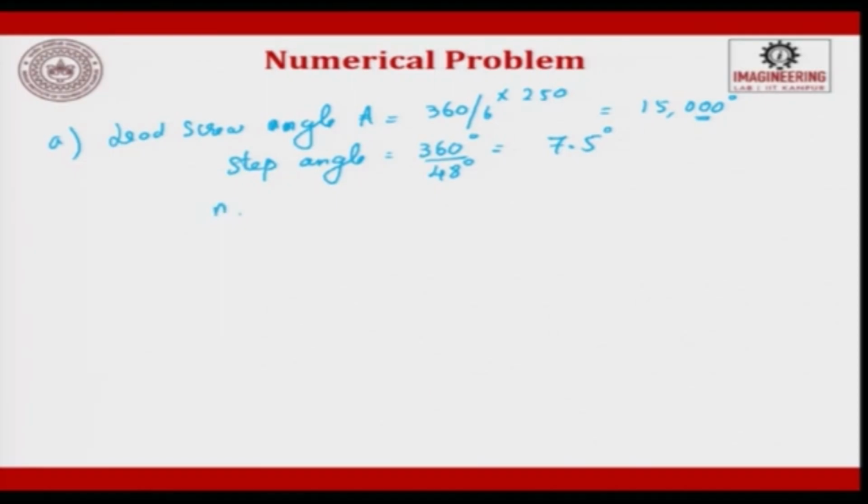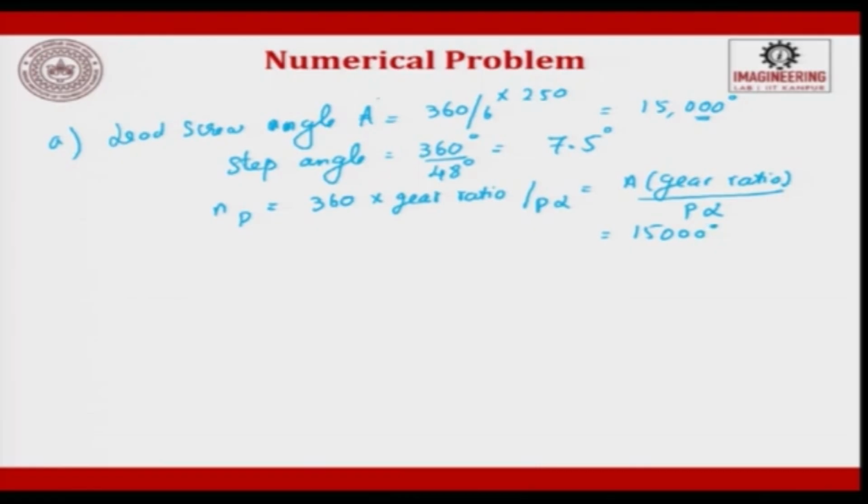So, the Np, which is nothing but 360 into gear ratio divided by P into alpha, can be written as 15000 degrees into 5 by 1, divided by 7.5.